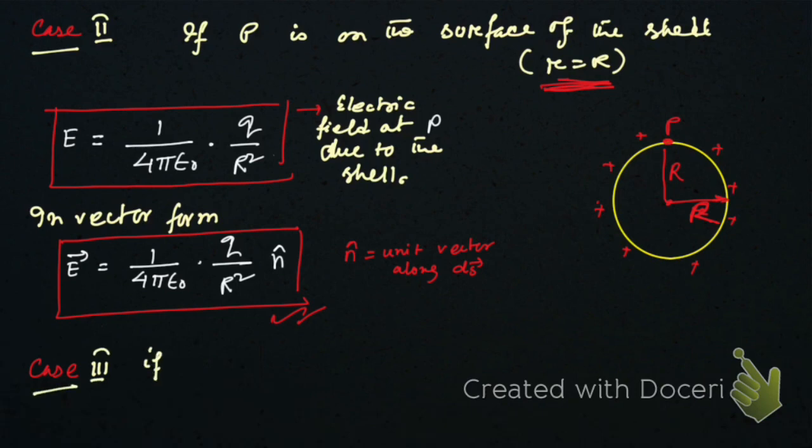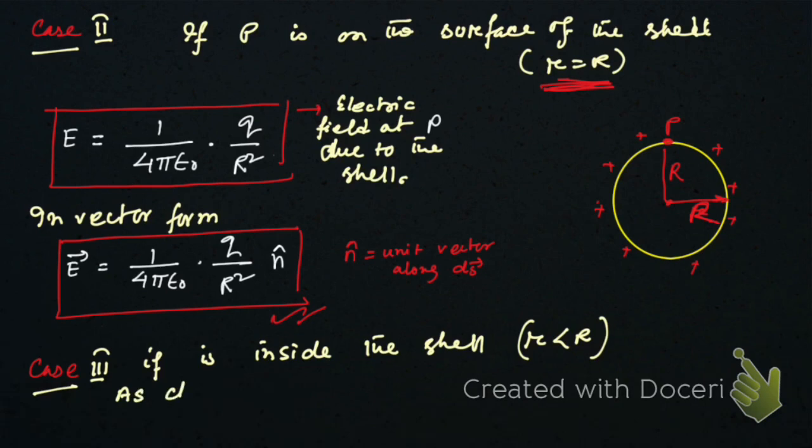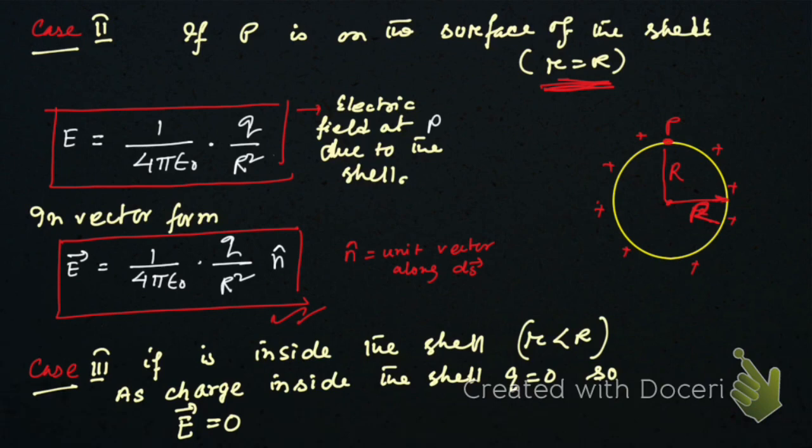If P is inside the cell, that means small r is less than capital R. In that case, as the charge inside the cell Q is equal to 0, the electric field E will also be equal to 0, right?